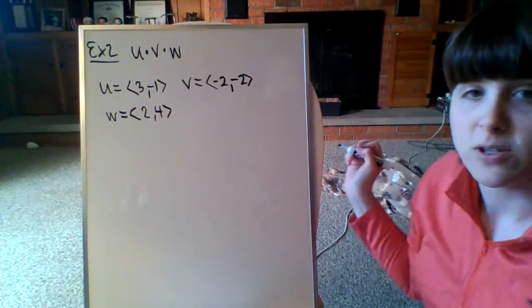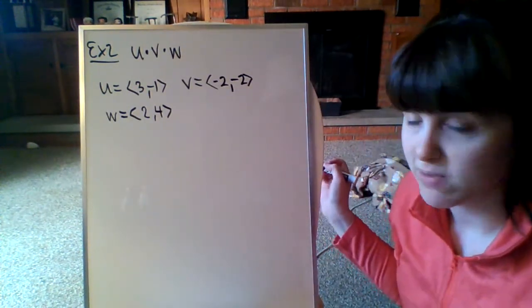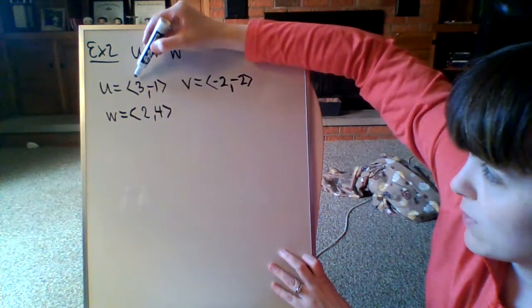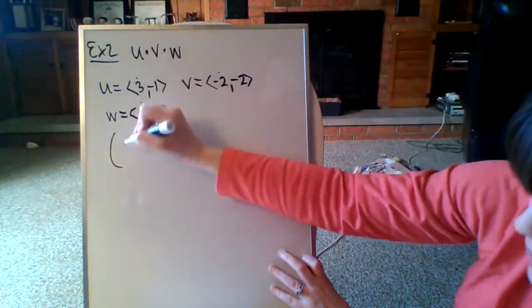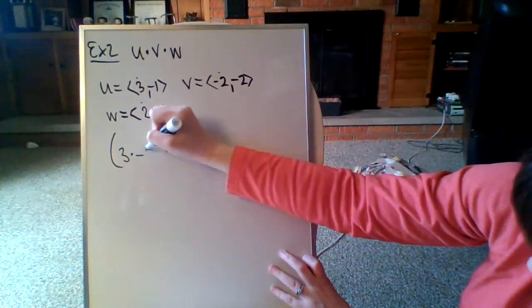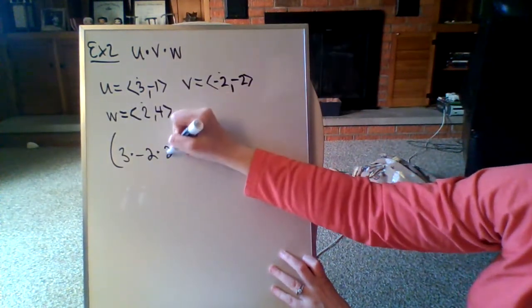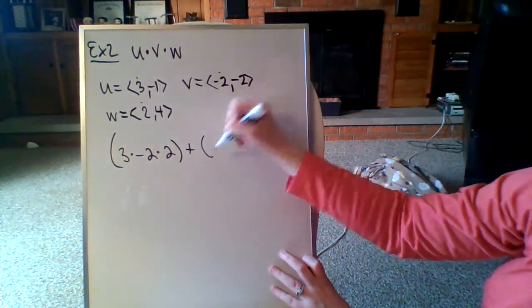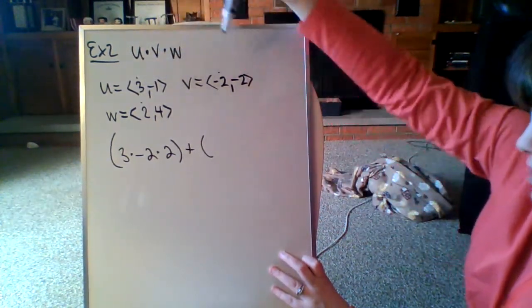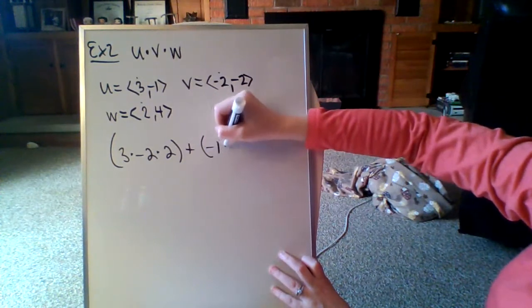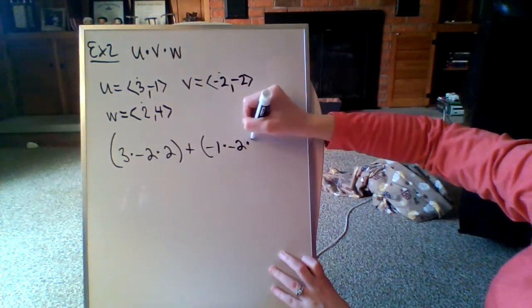We take the first components, 3, -2, and 2, and multiply them: 3 times -2 times 2. Then we add the product of the second components of each vector: -1 times -2 times 4.